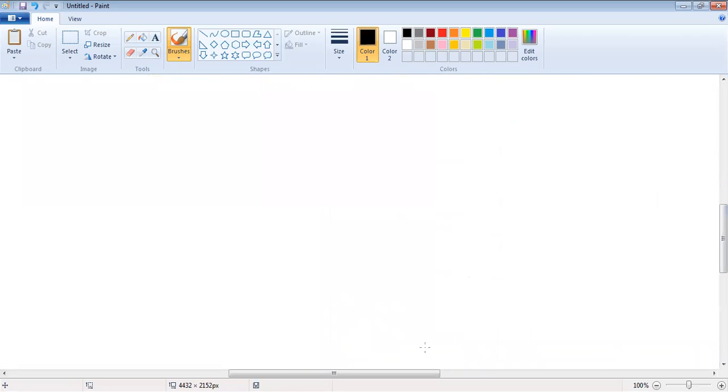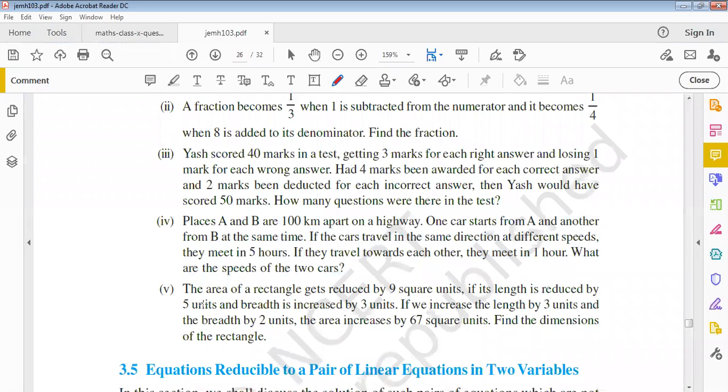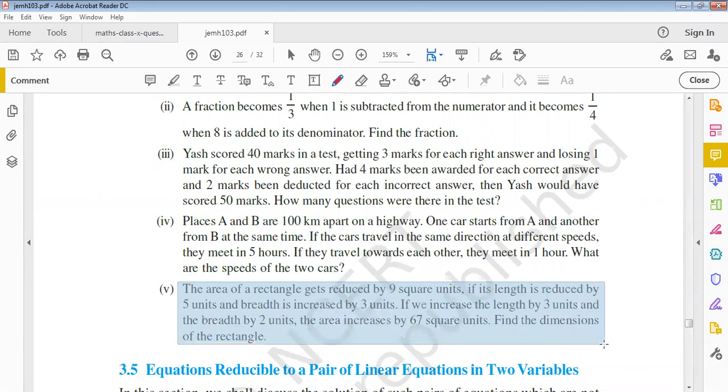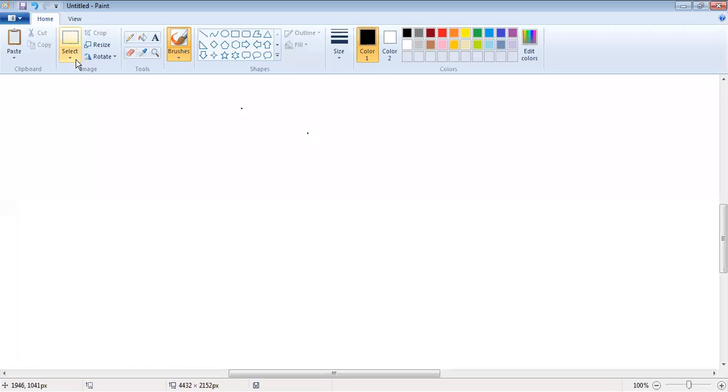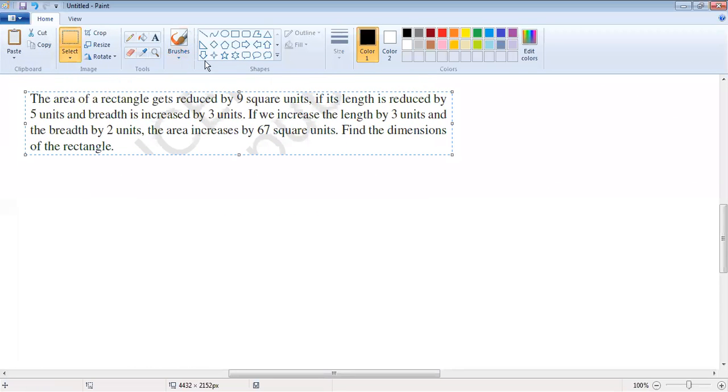Next, another question. The area of the rectangle gets reduced by 9 square units.